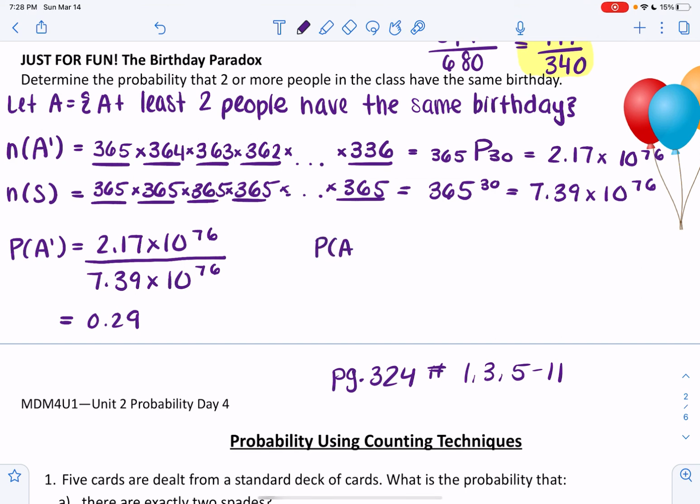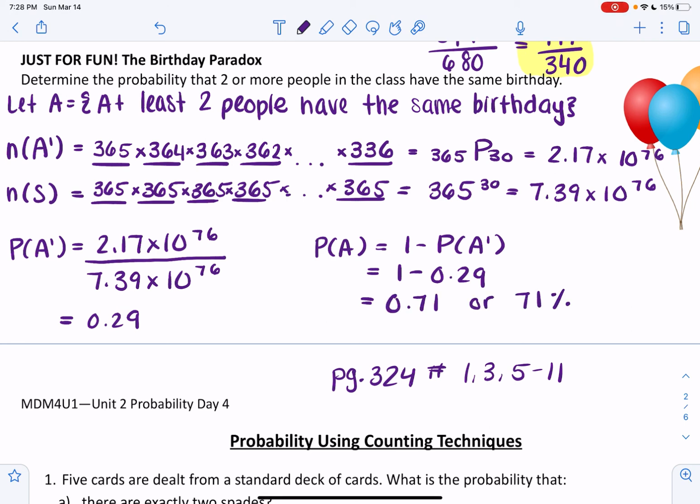So to find the probability of A, we do 1 minus the probability of a complement, 1 minus 0.29, which is 0.71, or 71%. So in a group of 30 people, there is a 71% chance that at least 2 of them have the same birthday, which is a bit surprising, I think.